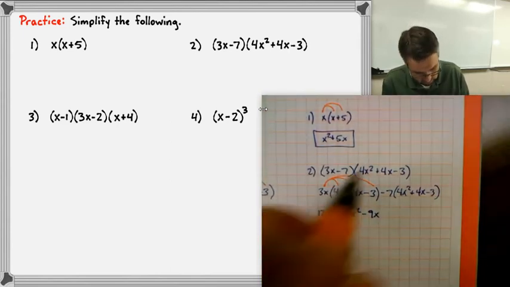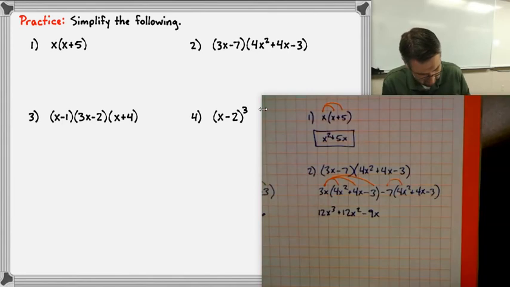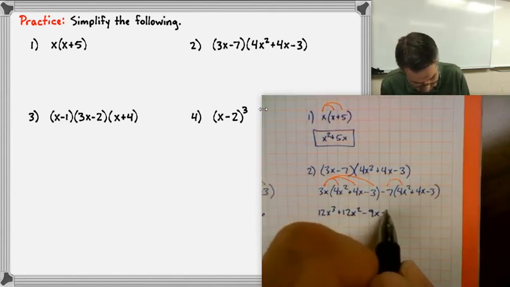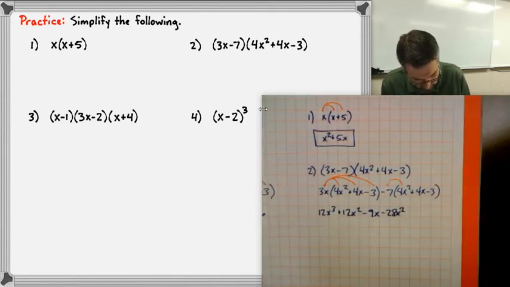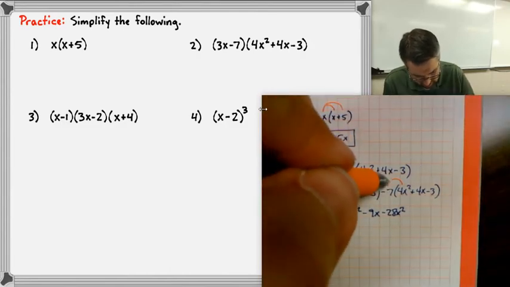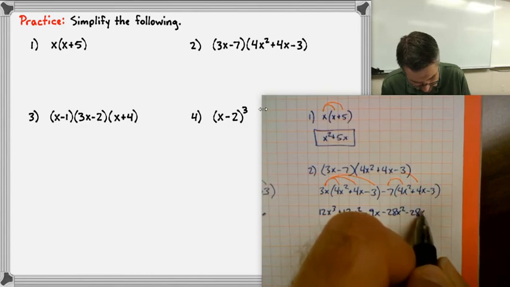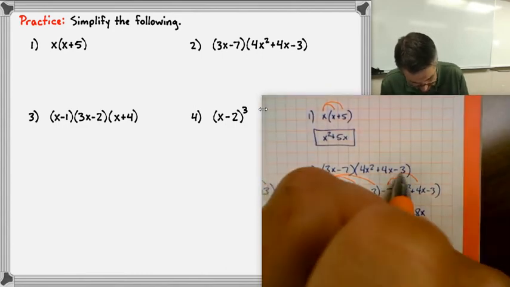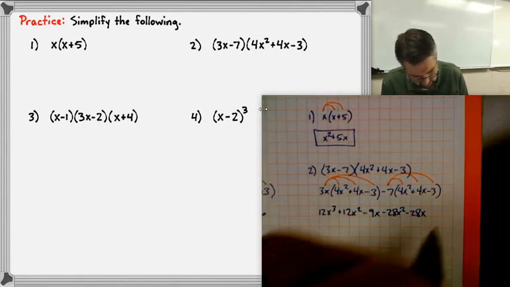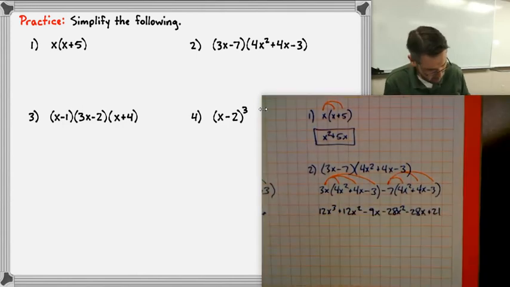Okay? Then we'll distribute the next term, the negative 7. Negative 7 times 4x squared is negative 28x squared. And then negative 7 times 4x is going to be negative 28x. And then the negative 7 times the negative 3 is going to be positive 21.